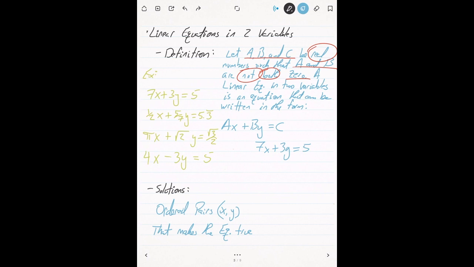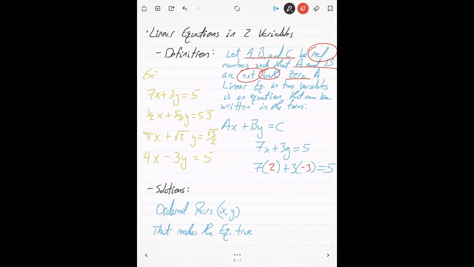So, if I'm thinking to myself here, 7 times something plus 3 times something needs to equal 5. I'm going to say let's have x be 2 and let's have y be -3.